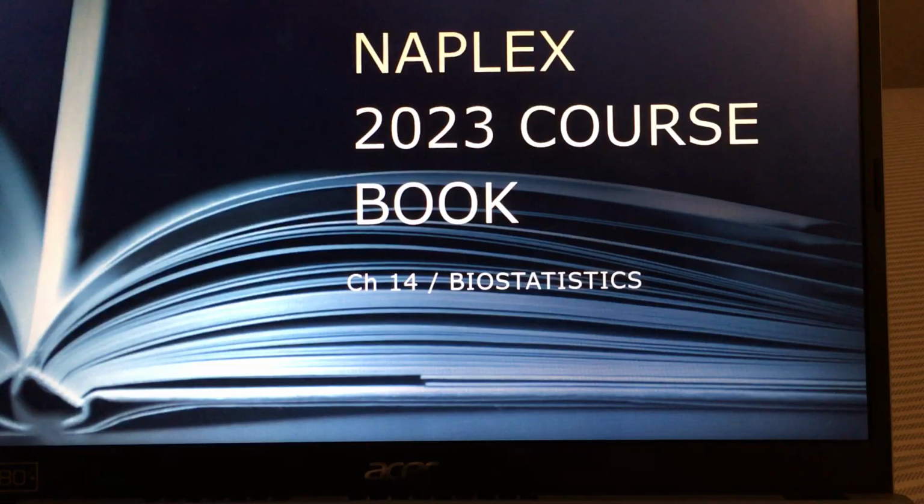If the relative risk is greater than 1, this implies greater risk of the outcome in the treatment group. And if the relative risk is less than 1, or less than 100%, this implies that there's a lower or reduced risk of the outcome by being in the treatment group.